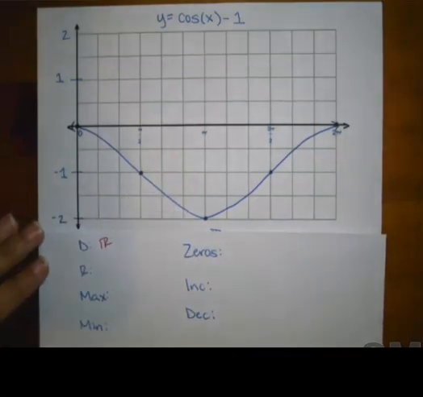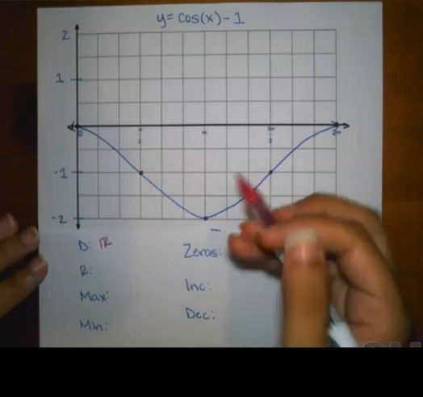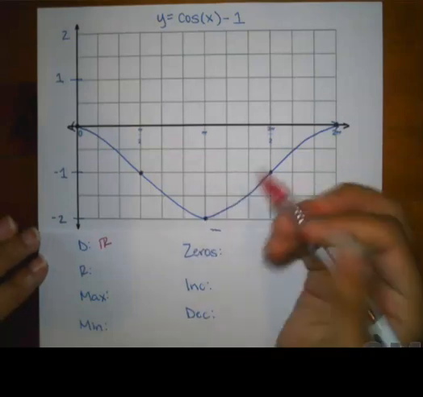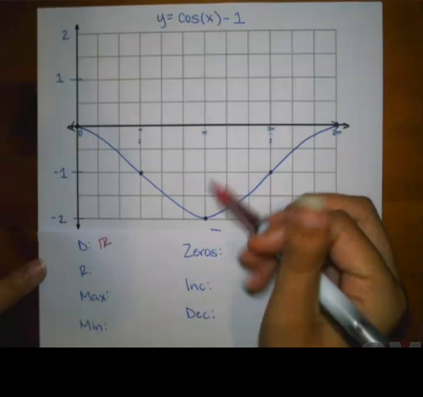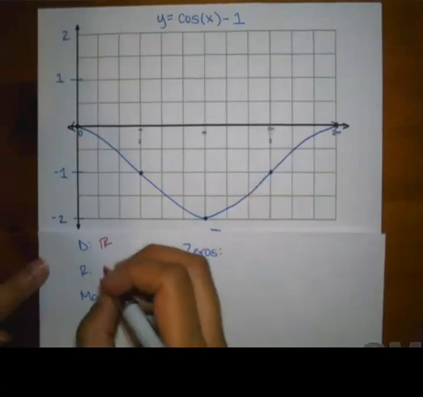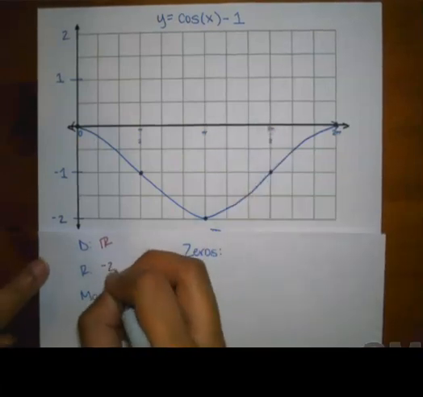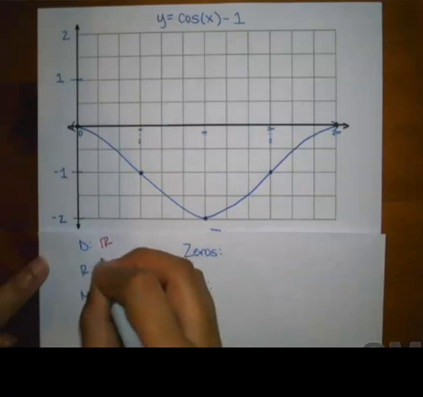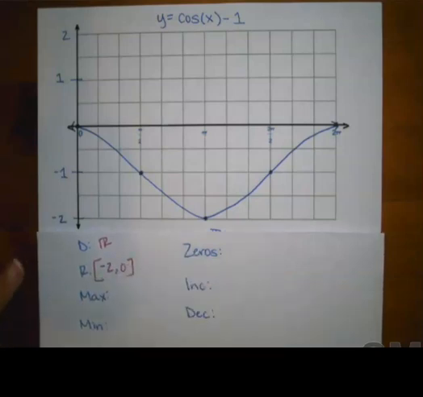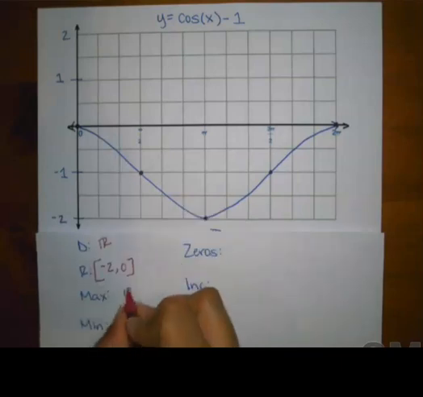However, our range has been affected. Our range is now from -2, that's the lowest point it's going to be on the graph, to 0, which is our new highest point on the graph. Alright, I just said the highest point on our graph is 0.